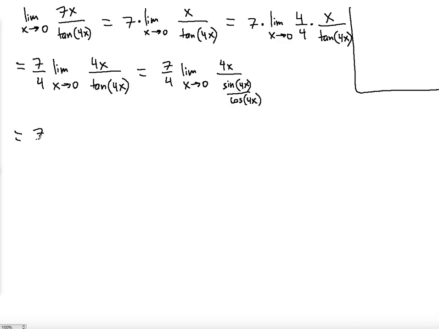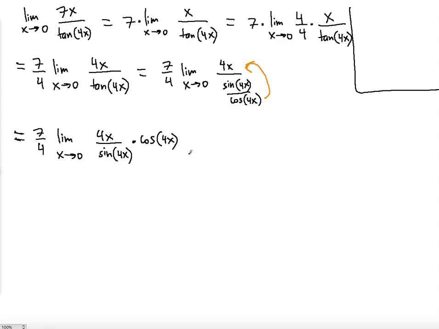And then I'm going to have 4x over sine of 4x, multiplied by the cosine of 4x, because I know that this bottom cosine 4x will go on the top, in the numerator.